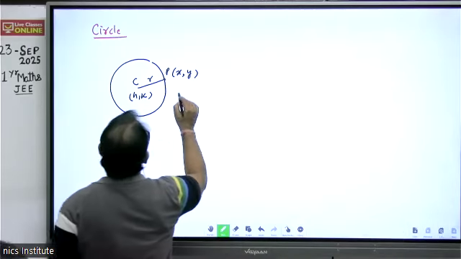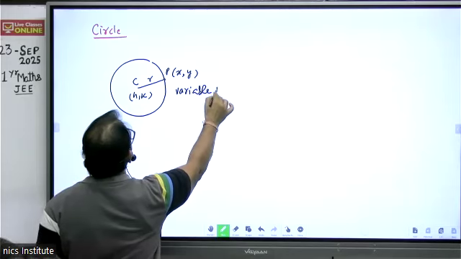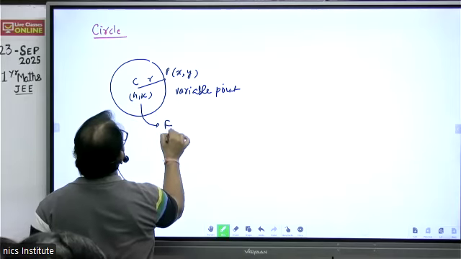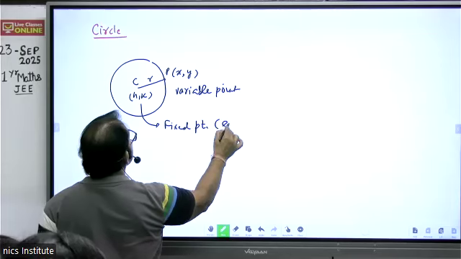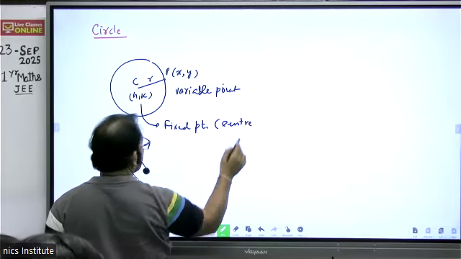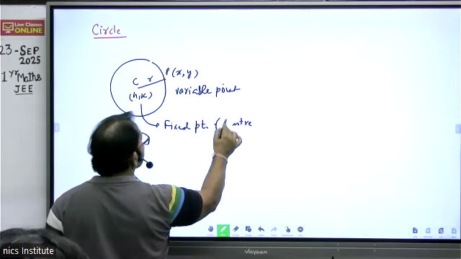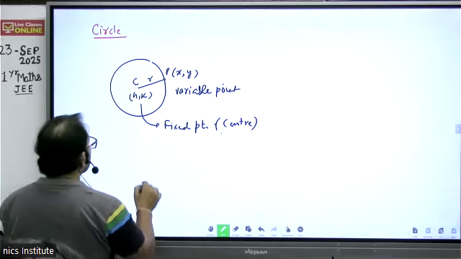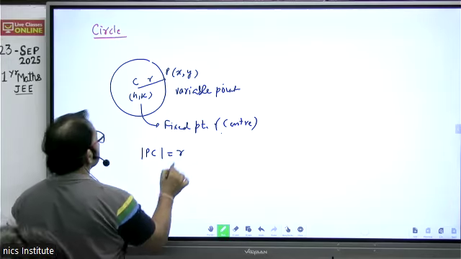So x comma y is a variable point. This is a fixed point called center, and r is the radius. So as such, standard form of circle will come from here.